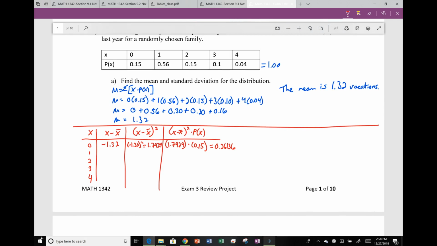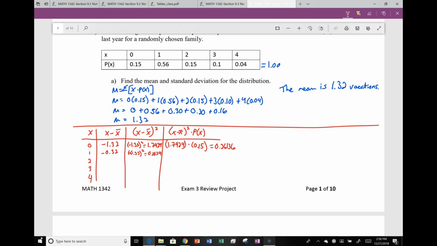So 1 minus 1.32 is going to be a negative 0.32. Negative 0.32 squared is going to be 0.1024. Now you'll notice that I'm putting these values in parentheses and then squaring them, which is the exact same thing as up here.